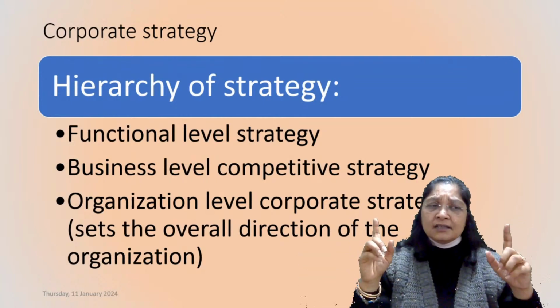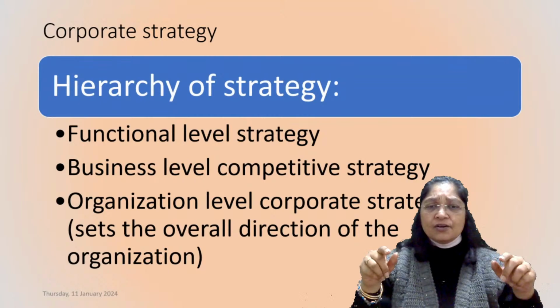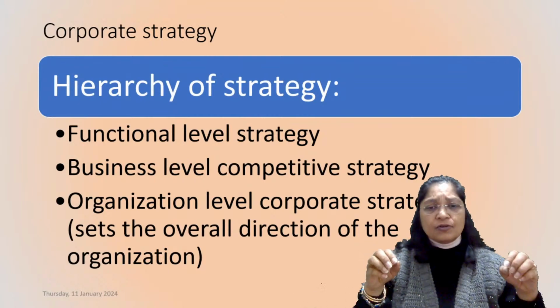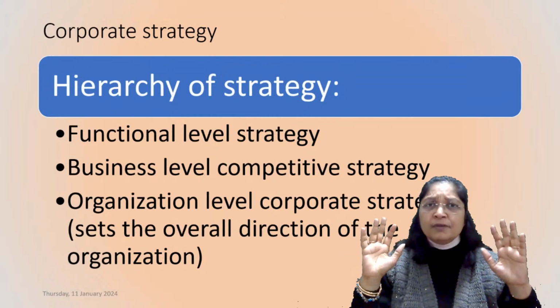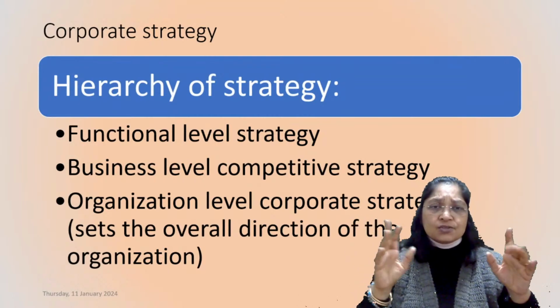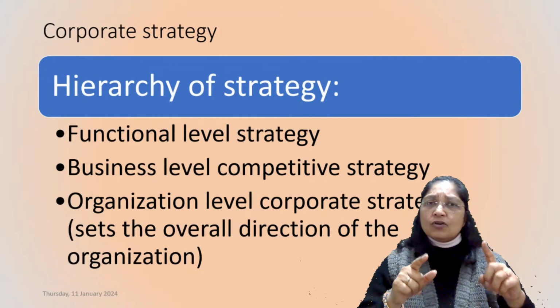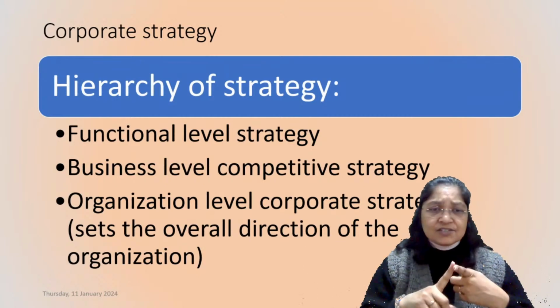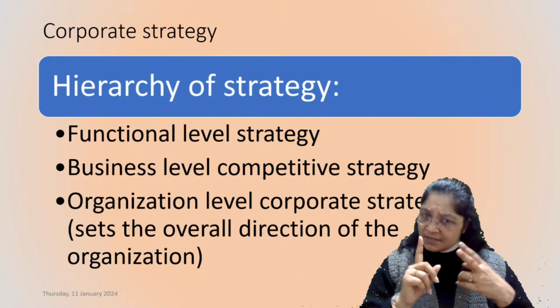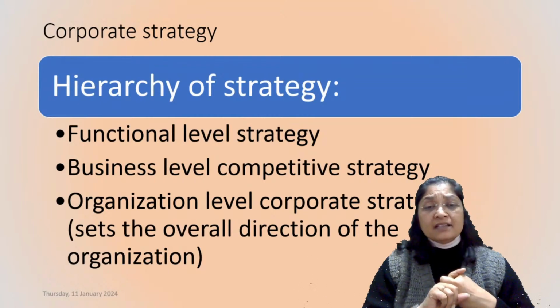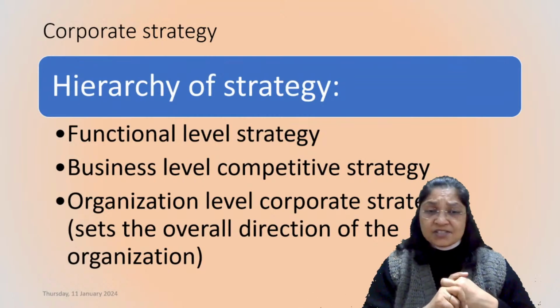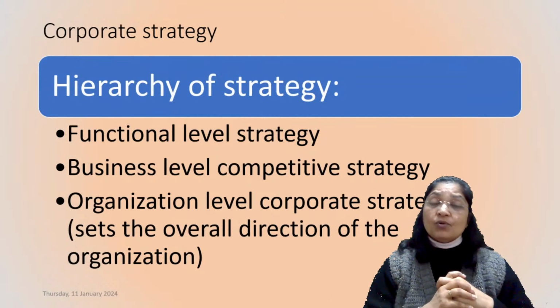Obviously the strategy for the products of each industry would be different, and that would all be formulated at the corporate level. Corporate strategy would involve functional level strategy, business level strategy, and also the organization level corporate strategy, which provides what?